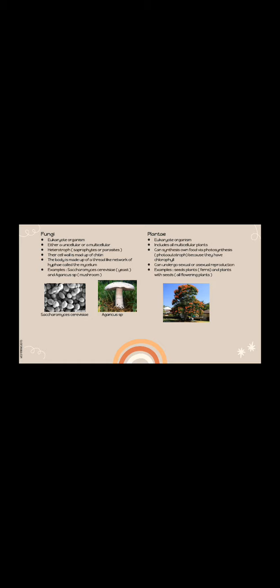And this is the example, yeast and mushroom. Plantae, eukaryotic organism, includes all multicellular plants, can synthesize own food via photosynthesis because they have chlorophyll, can undergo sexual or asexual reproduction. For example here, seed plants and plants without seeds.